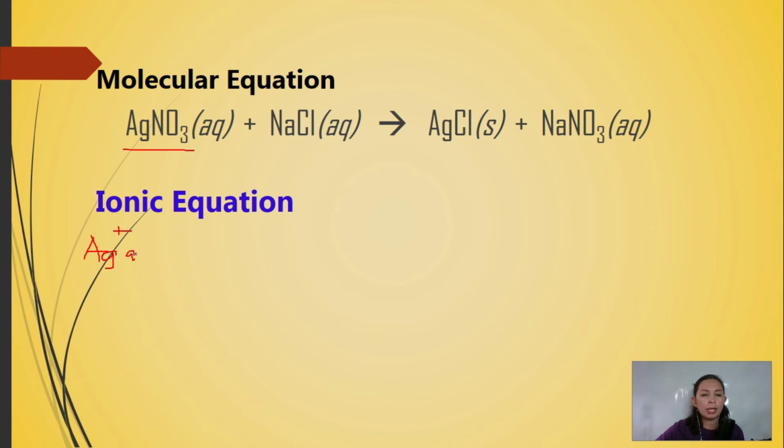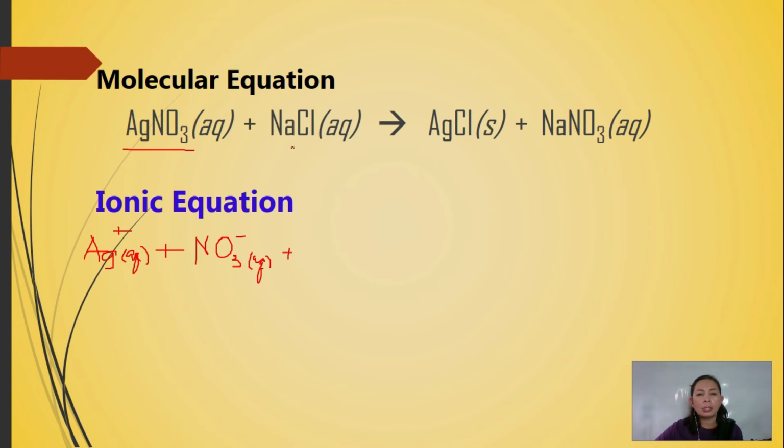So we add AQ. It's difficult to write, my dear. Then plus the nitrate ion. We only have 1 nitrate ion. So the charge is negative. Again, we write the AQ. Okay, sorry for the penmanship.